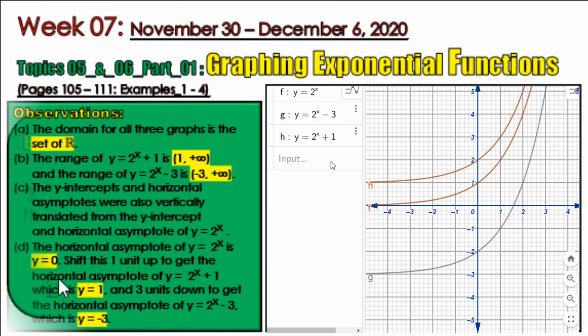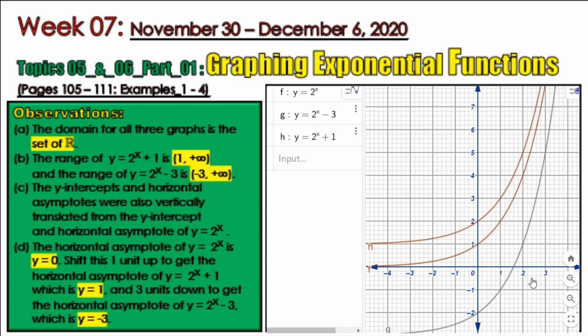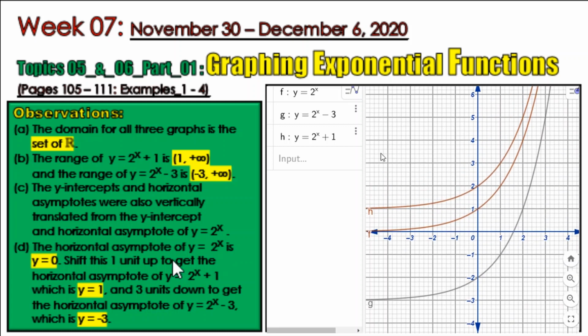The first one is the domain for all the three graphs is a set of real numbers. So for any values of y, there corresponds the value of real number x. Okay, so it means to say that you can assign any real number to x, so there is no restriction.